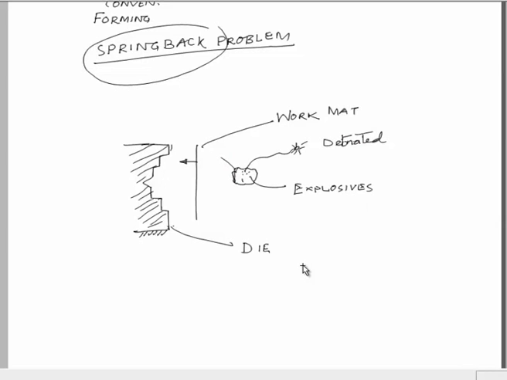Therefore, there will be a shock wave, and this will cause a very high energy to be transferred, and the sheet will get impacted against this die at a very high rate and take the shape of this die. So, this is basically the principle of this particular process.